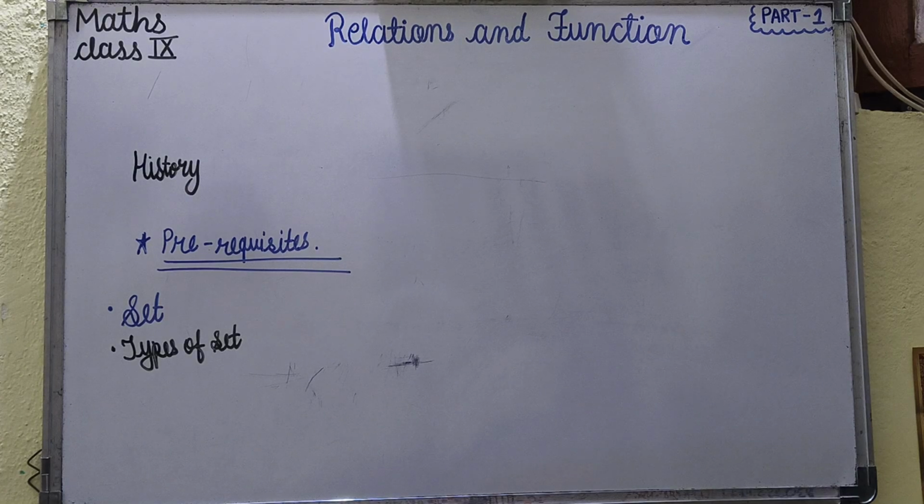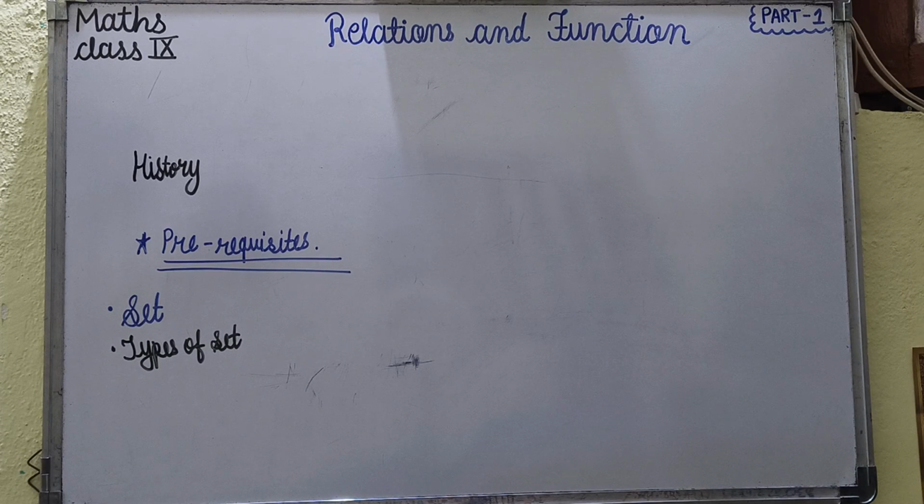Empty set: a set containing no elements is called a null set or an empty set. Non-empty set: a set containing at least one element is called a non-empty set.